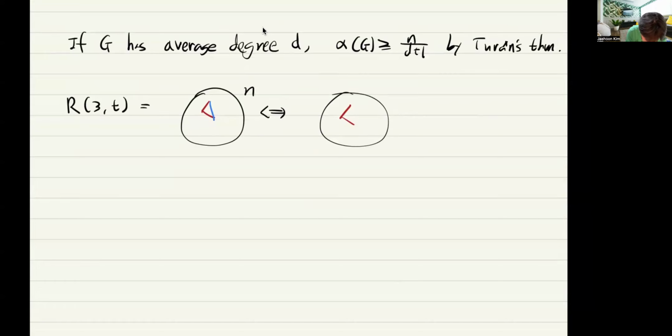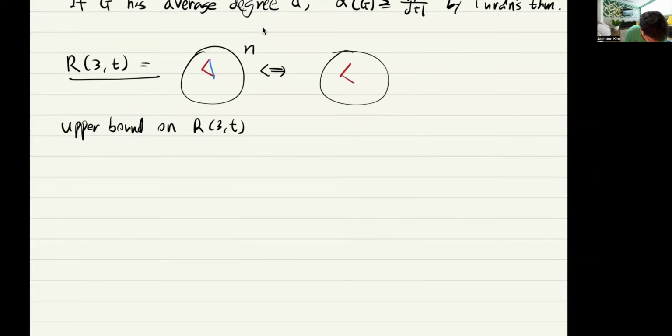So how do we find the upper bound on this? Let's say you have a graph and this graph is triangle free.